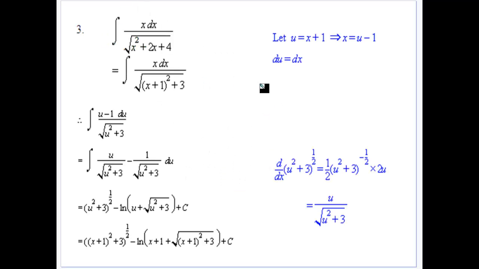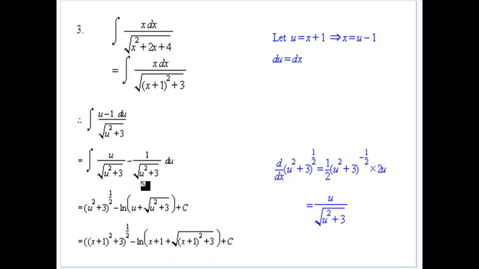This one needs a little bit of manipulation, and the manipulation is going to come in the form of a substitution. If I let u be equal to x plus 1, I'm only going to do that after I get down to the x plus 1 all squared plus 3, because if you have a look at your table of standard integrals, you get a function with just the term squared plus 3.